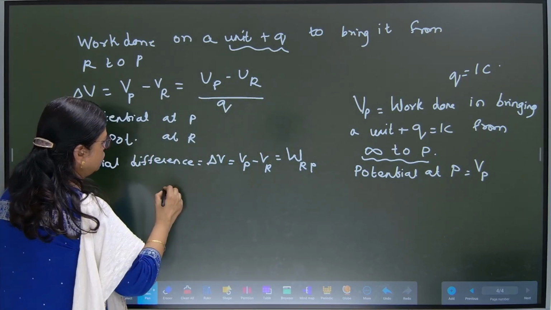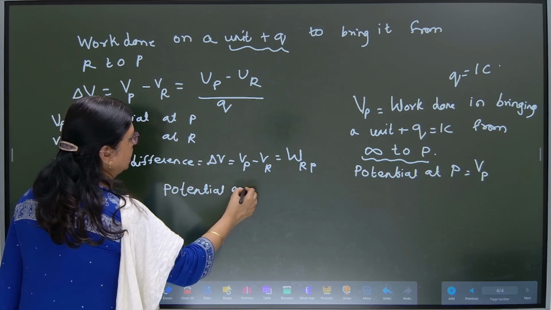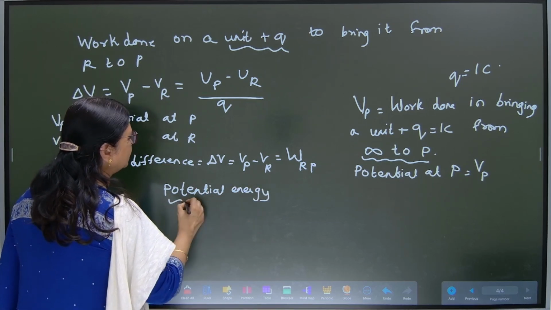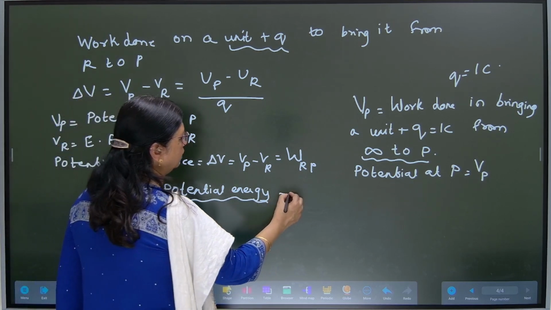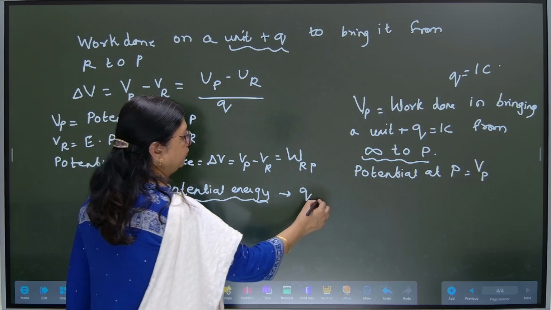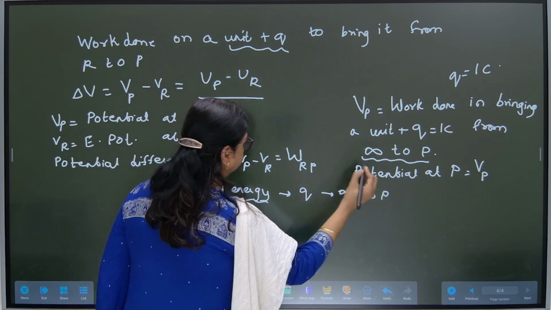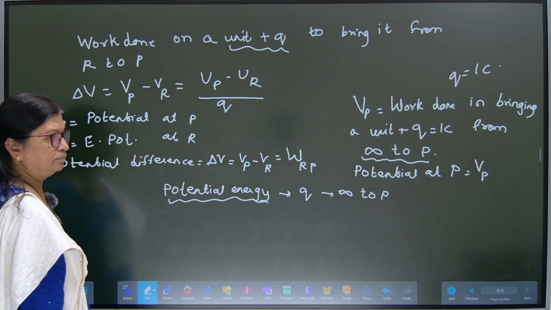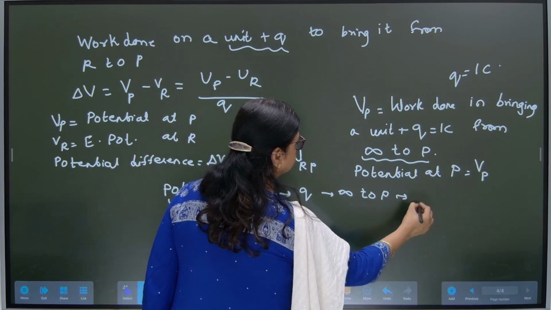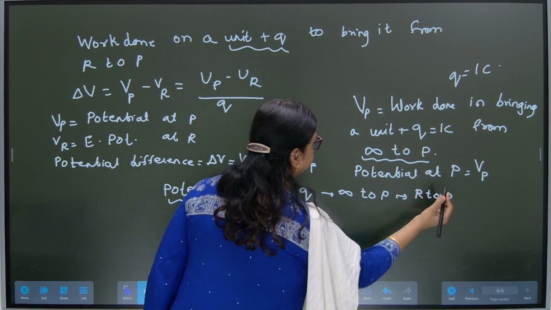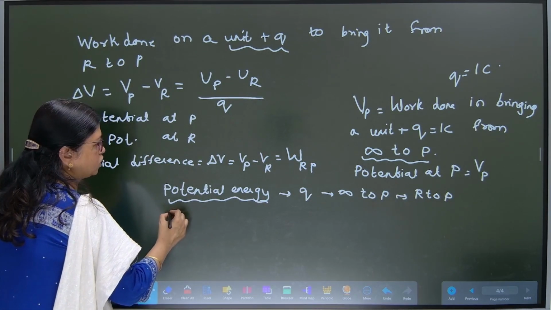What is potential energy? This has to be understood because students get terribly confused in the question. Potential energy, what are you doing? You are bringing a charge Q from infinity to P, or from R to P. What is potential?